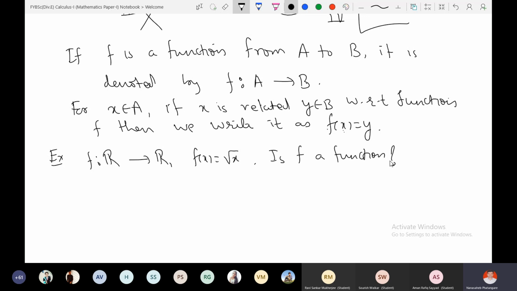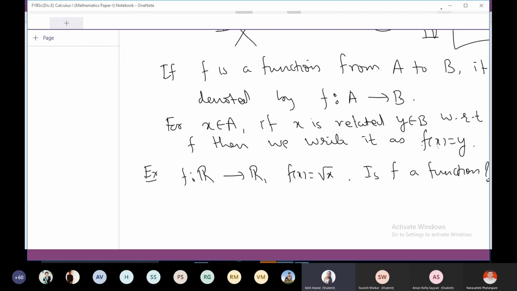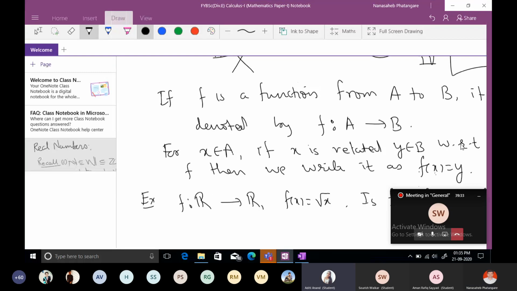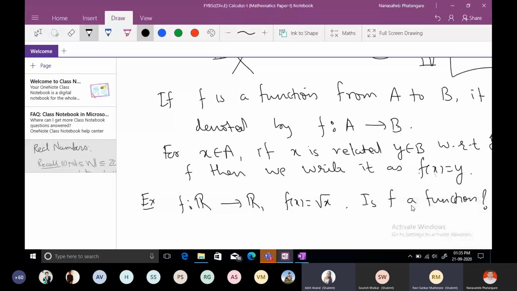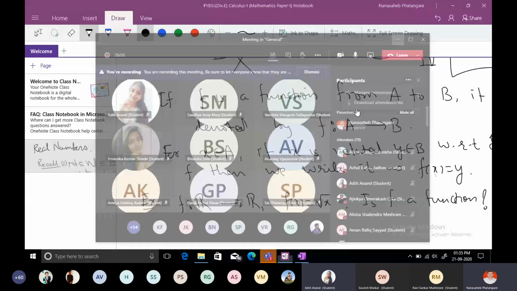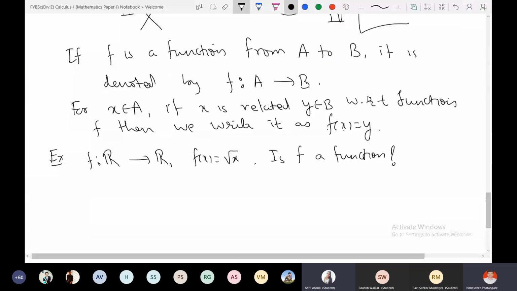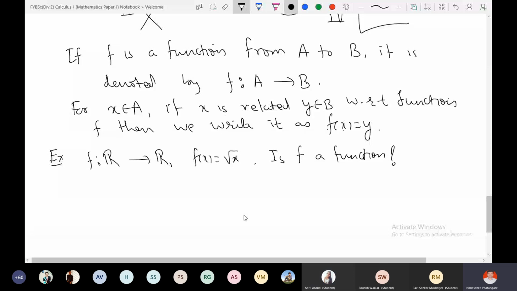Very elementary question. So is it a function? No, sir. Why? Because it can't take negative values. So which condition in the definition of function fails?